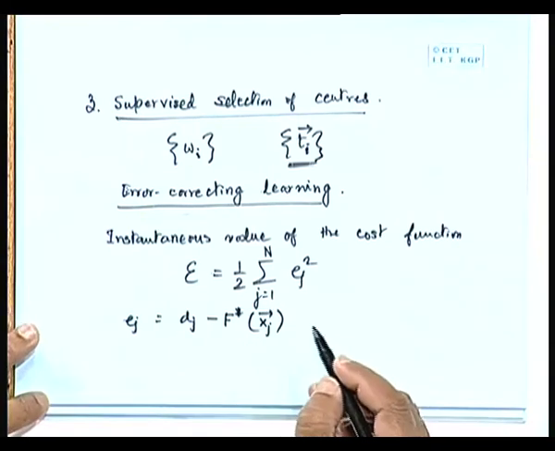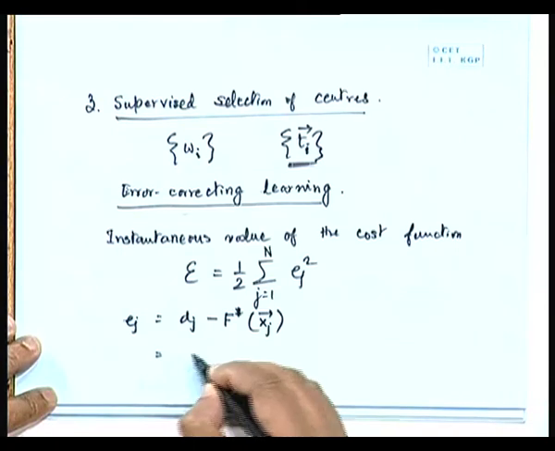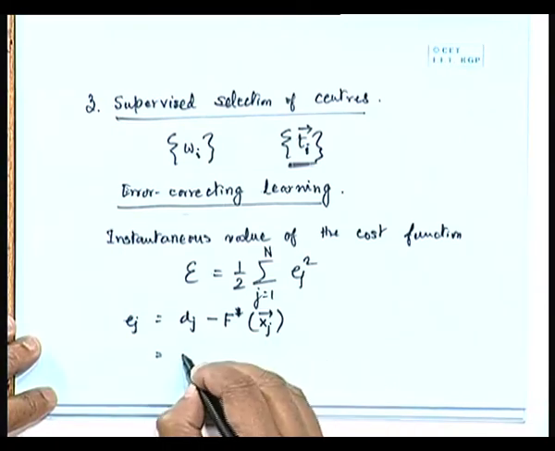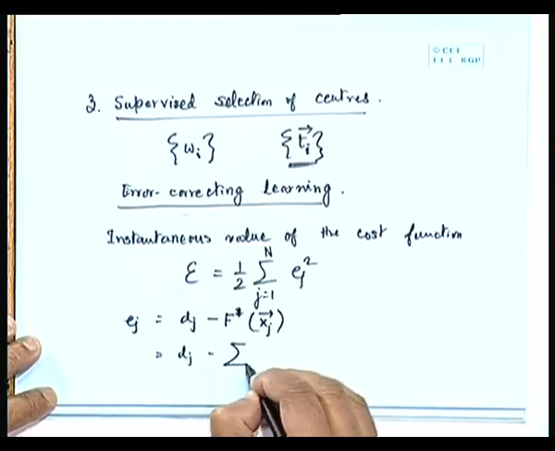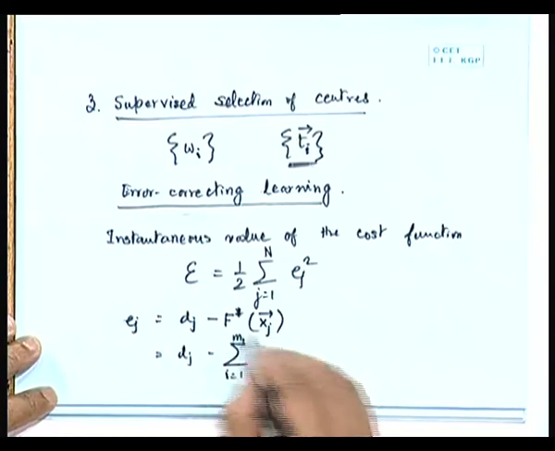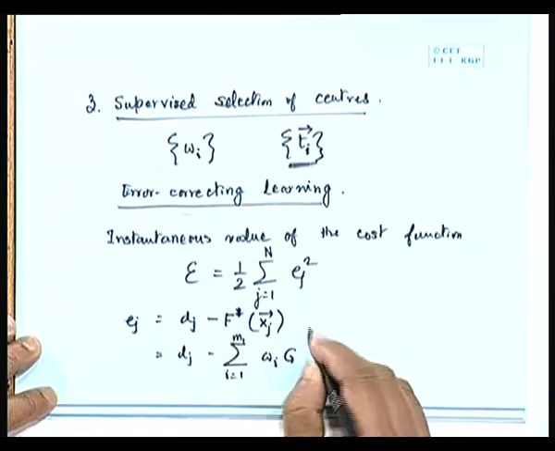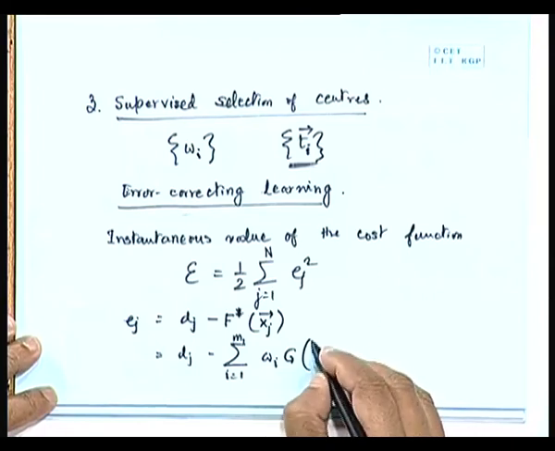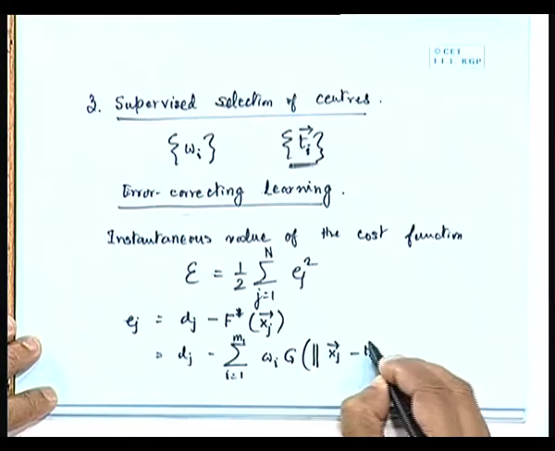We can rewrite this expression as d j minus the summation over i equal to 1 to m1 of w i times g, the Green's function with the argument x j minus T i.